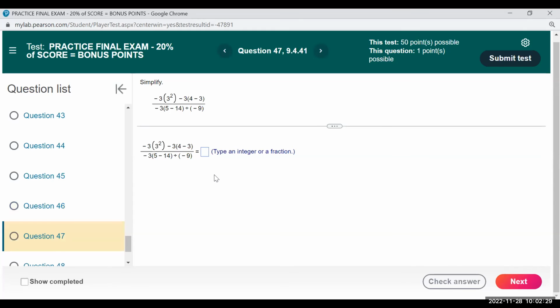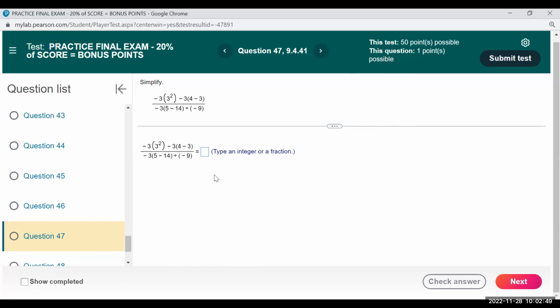Oh, yes, I forgot. I put these big ones in there. Negative 3 times 3 squared minus 3, or minus 3.